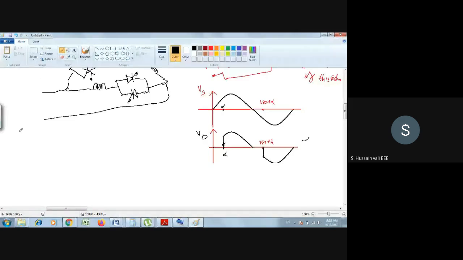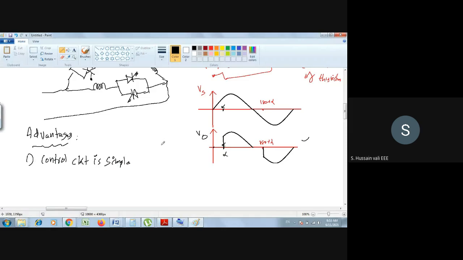So now with this method, what are the main advantages we'll see now? First of all, the control circuit is simple. You don't have much, only some thyristors.